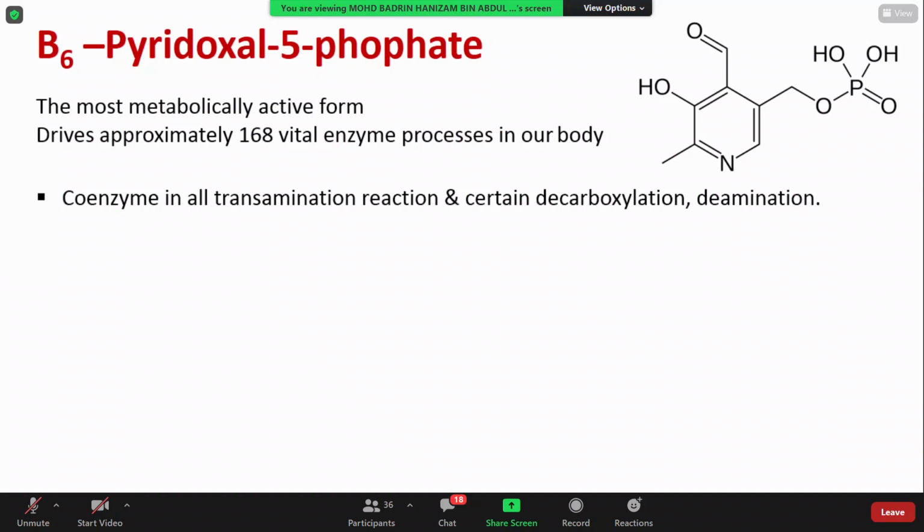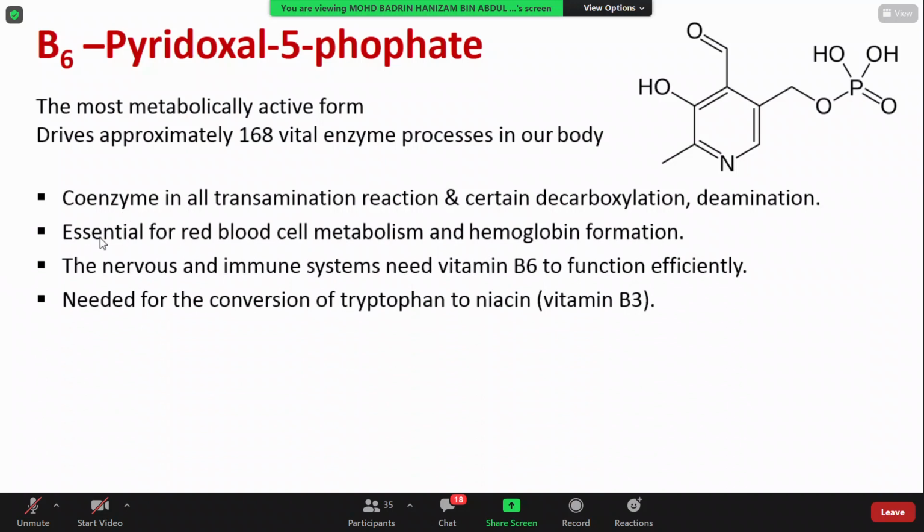So this PLP acts as coenzyme in all the transamination reactions. Some decarboxylation reactions require PLP, and some deamination reactions, transfer of amino group, require PLP.